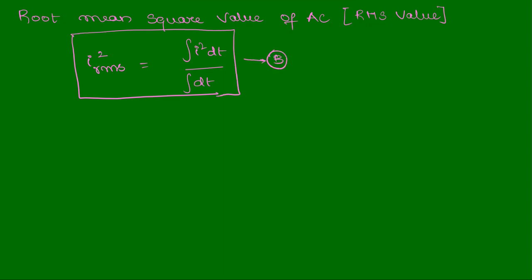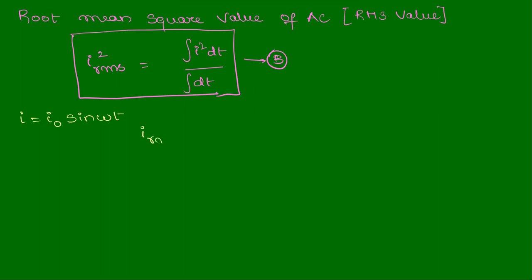This is another interesting equation, a very important equation. Just look at this. For the same sine wave, what is the RMS value for half cycle, if they ask like this, or for a complete cycle? We have I is equal to I naught sine omega t.